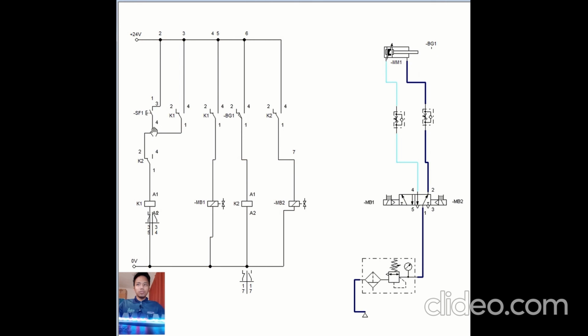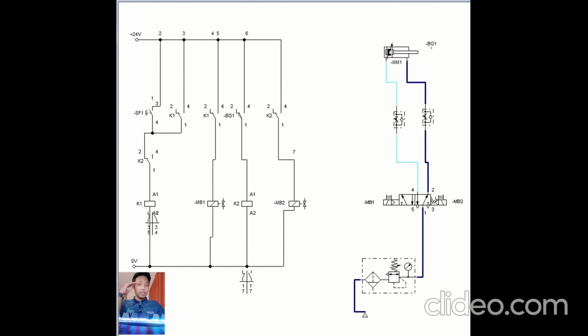When the double acting cylinder is fully extended, BG1, a limit switch, will detect it. So it will energize K2. This BG1 limit switch will energize relay K2, and the energized solenoid valve changes to position MB2. So now MB2 is energized, active.